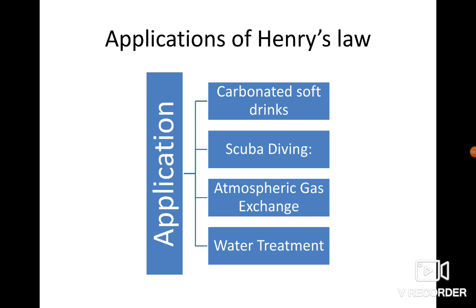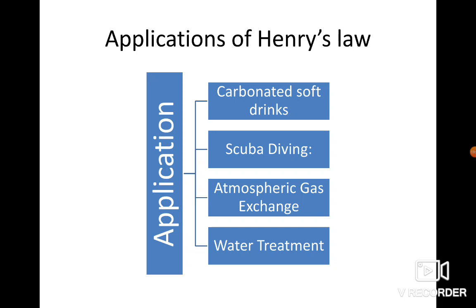Atmospheric gas exchange. We all know that our body exchanges carbon dioxide with oxygen from the atmosphere, and this exchange happens through the lungs. This is also one of the most valuable examples of Henry law, because oxygen is dissolved into the blood and carbon dioxide is also dissolved into the blood.